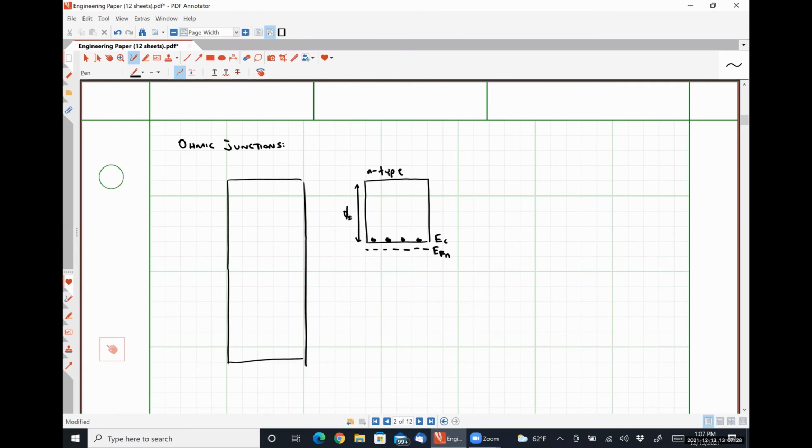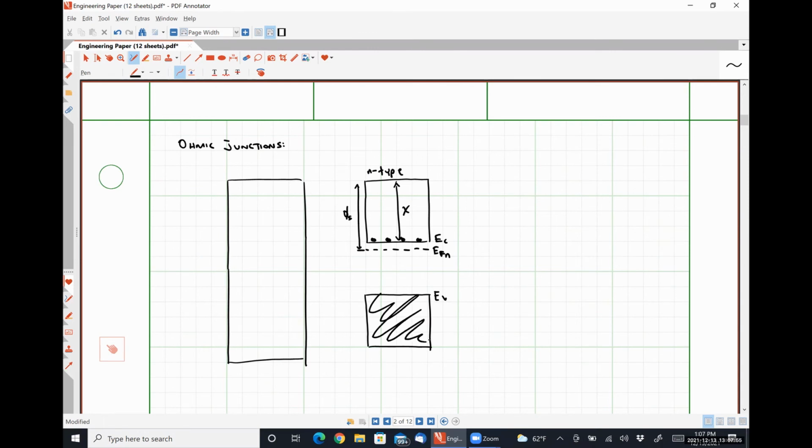Oh, actually, that should go further because what I just drew was simply the electron affinity. And here's my valence band.